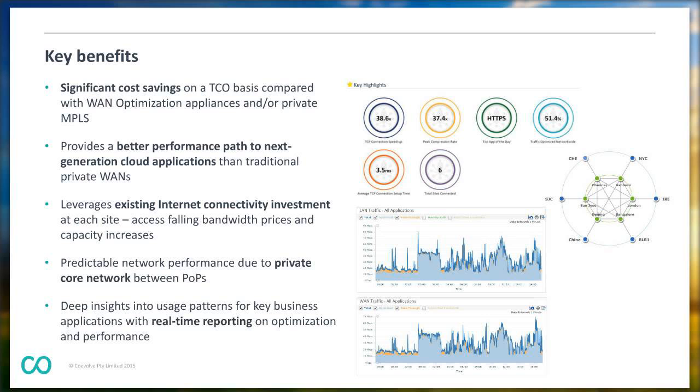Then we're providing a solution here that is a better pathway to this next generation of applications. So this is not something that depends on putting appliances into all of your data centers and only optimizing those traffic flows. By default, this platform is a solution to optimize traffic that's destined for whatever cloud applications are in use within the enterprise as well.